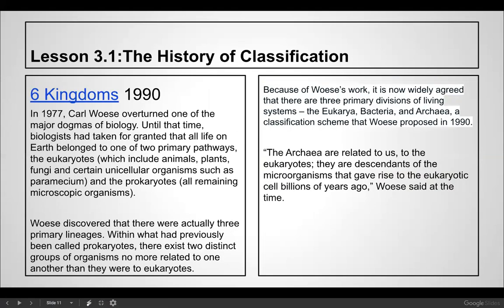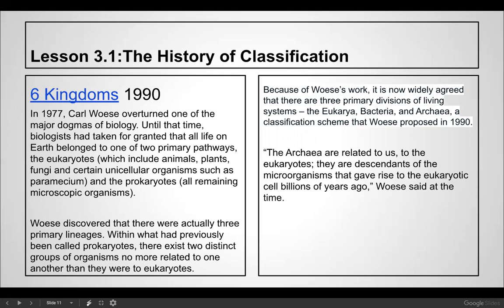In the 1990s, we see that Carl Woese overturned one of the major dogmas of biology. Until that time, biologists had taken for granted that all life on Earth belonged to one of two primary pathways: eukaryotes, true cells, which include animals, plants, fungi, and certain unicellular organisms such as paramecium, and prokaryotes, all remaining microscopic organisms.